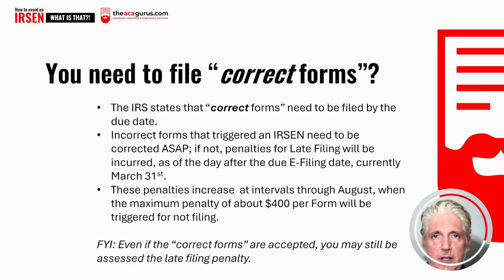Okay, if you have a lot of forms that have issues, it's in your best interest to correct them right away. Now, as I mentioned, even if the form is corrected, but you submitted a correction late, you still might be penalized for submitting the correct form late. Again, maxed out at $400 after August 1st.